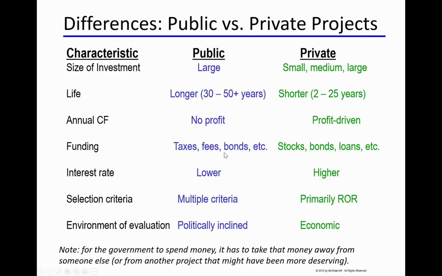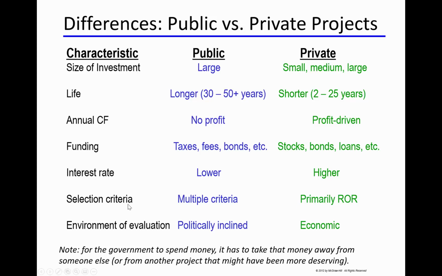So what that means is that, if you think about a bridge that's going to be providing benefit for 100 years, a private company is going to be less interested in those benefits way out in the future, because they have a higher discount rate than a public project is subject to.